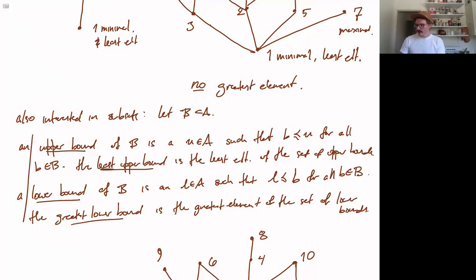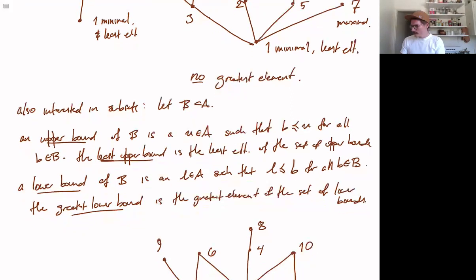So all of these things as well may or may not exist. A subset may have an upper bound or it may not. Even if an upper bound exists, there may or may not be a least upper bound. And similarly with lower bounds. So it's good to try and come up with examples of all of those combinations.